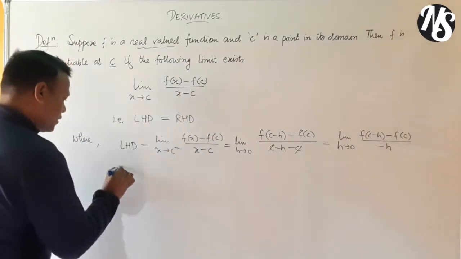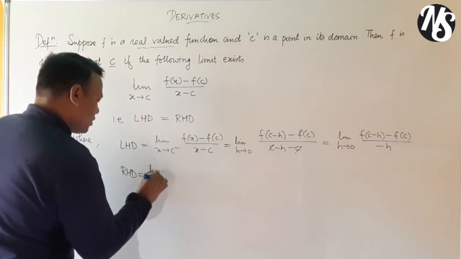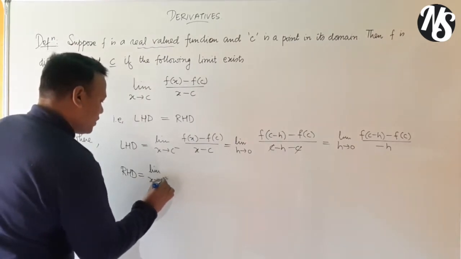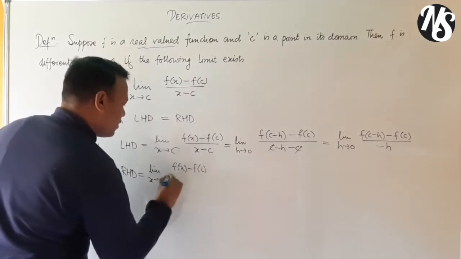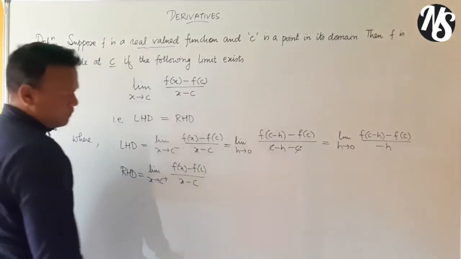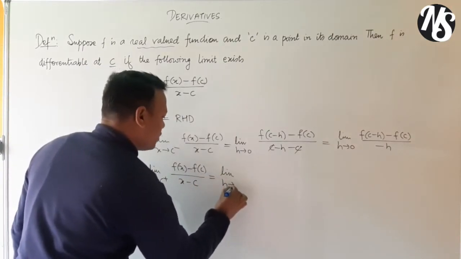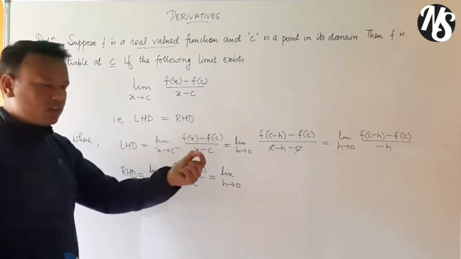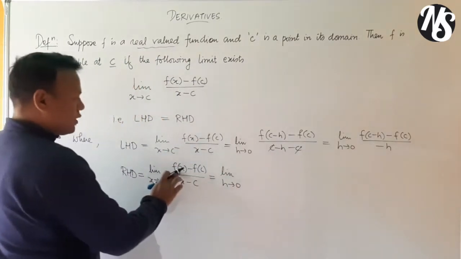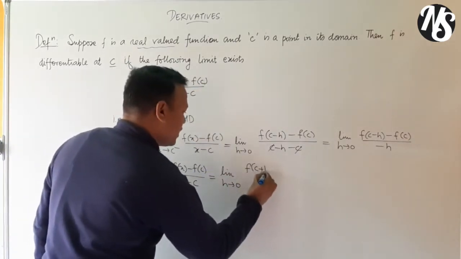Okay. And the right hand derivative will be equal to, in the same way, limit x tends to c plus f(x) minus f(c) by x minus c. So this has to be redesigned now. So I'm introducing a positive quantity h, a very small quantity. Okay, and you know that this f of x earlier changed into f of c plus h.